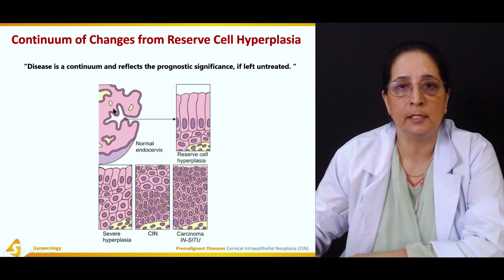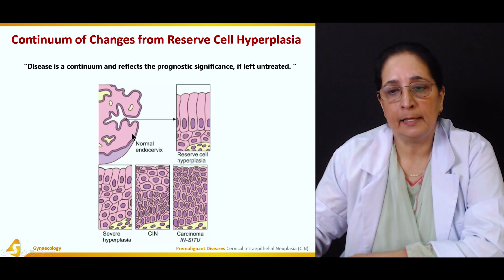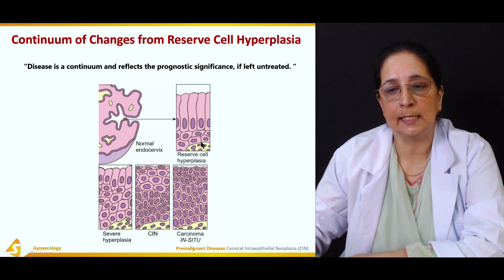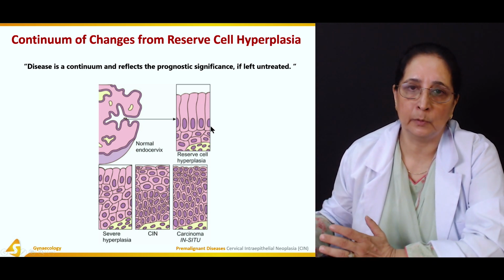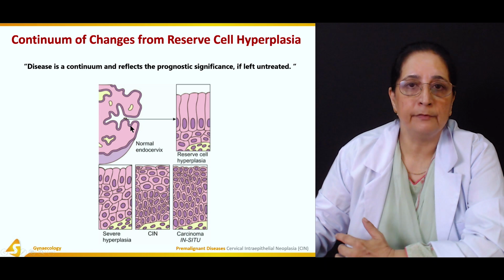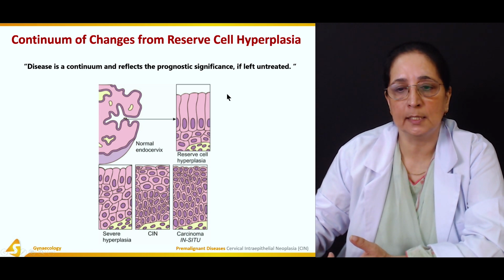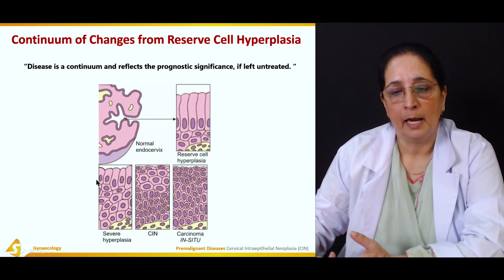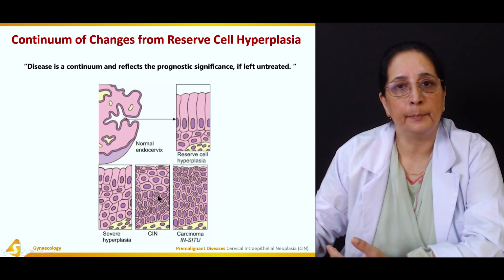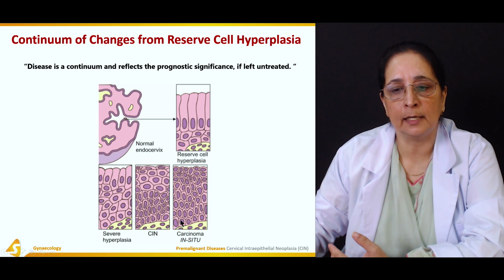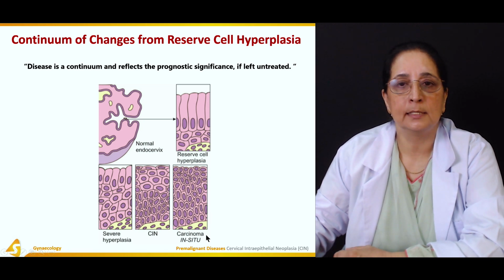Endocervix is the interior of the cervix, and then this is reserve cell hyperplasia, and this slowly can lead to severe hyperplasia. You can see cells start growing and then it becomes the cervical intraepithelial neoplasia and then carcinoma in situ.